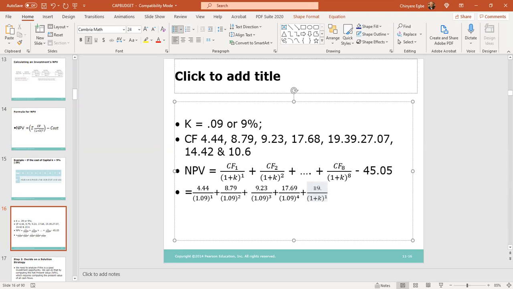And 19.39 over 1.09 to the power 5. And 27.07 over 1.09 to the power 6.